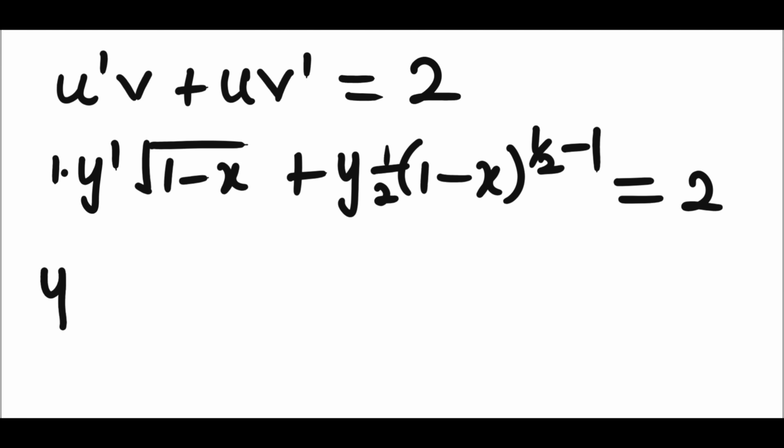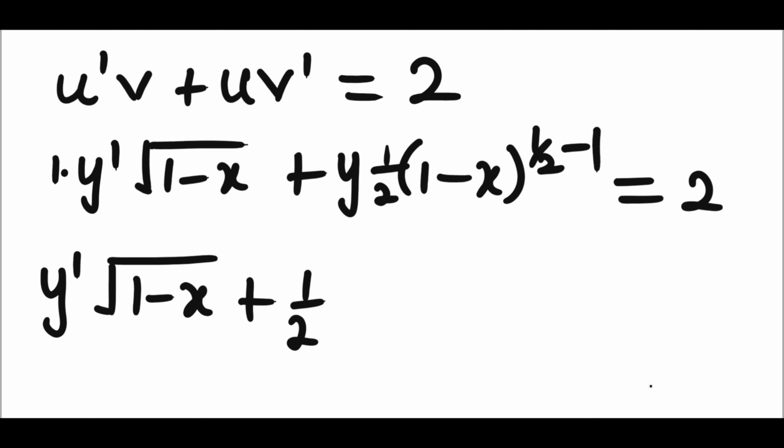So here becomes y prime multiplying the square root of 1 minus x, and you work on this. When half multiplies this, we get plus half y. Then the power reduces by 1. Because we have a bracket with the expression 1 minus x, we need to differentiate the one inside the bracket as well. We are applying the chain rule.